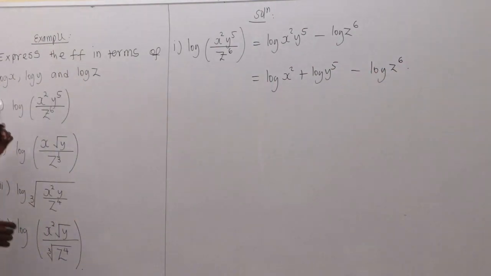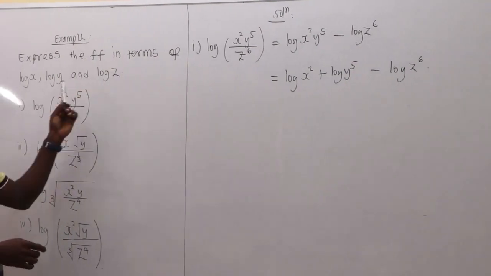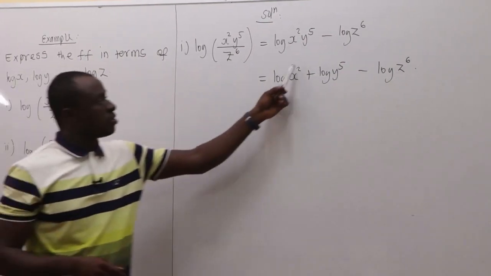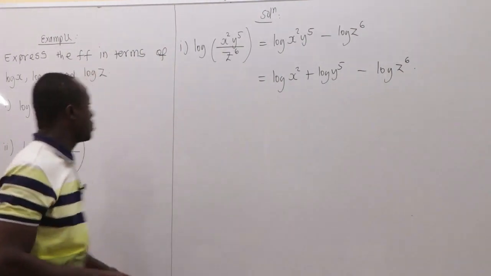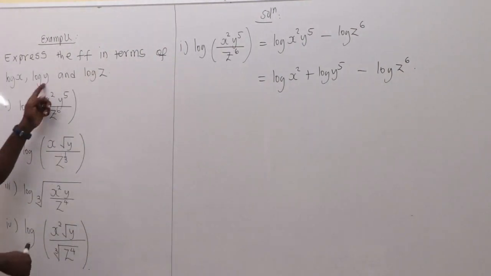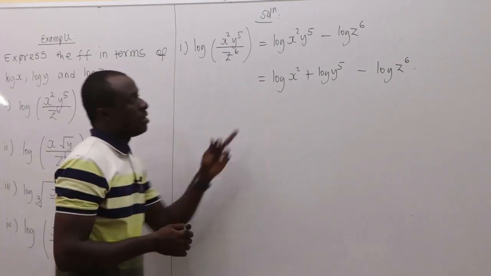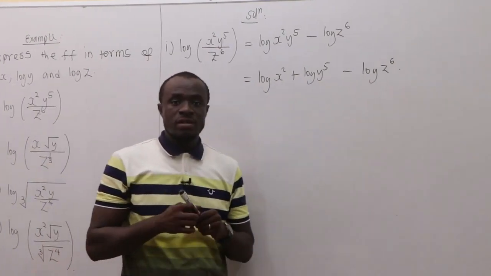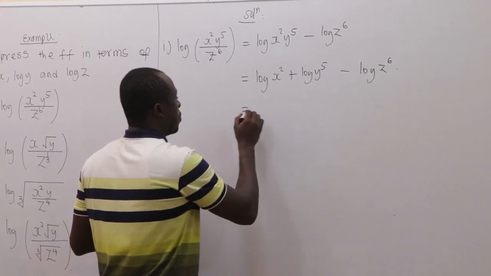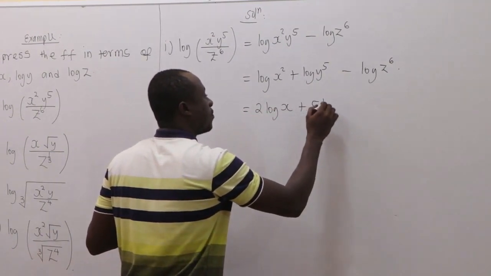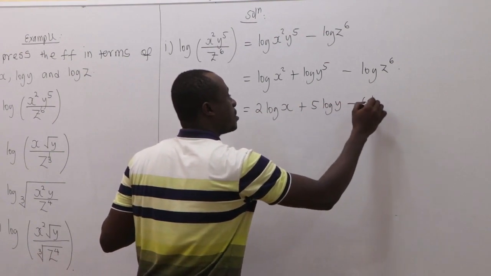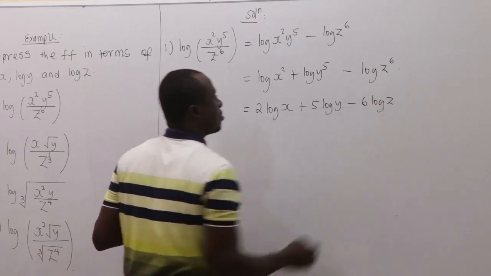Now what does the question say? The question says we should express in terms of log x, log y, and log z. But here we can see log x to the power 2, log y to the power 5, log z to the power 6. But we want only log x, log y, and then log z. So here let's apply the third law. From the third law, this will be 2 log x plus 5 log y minus 6 log z.